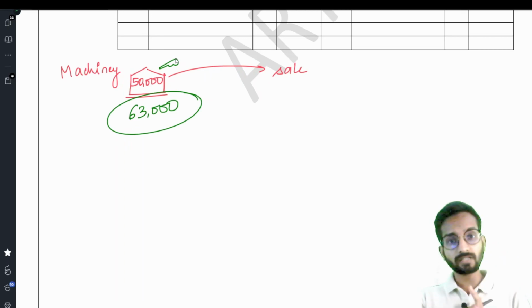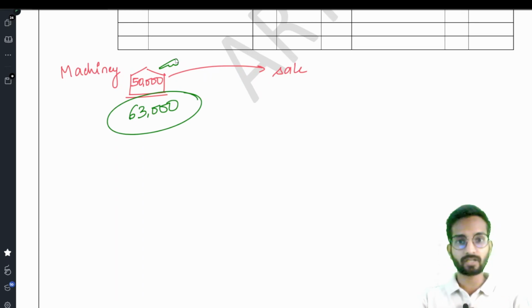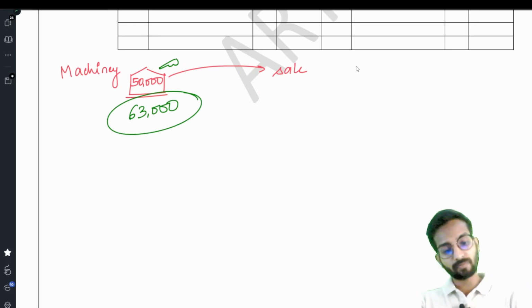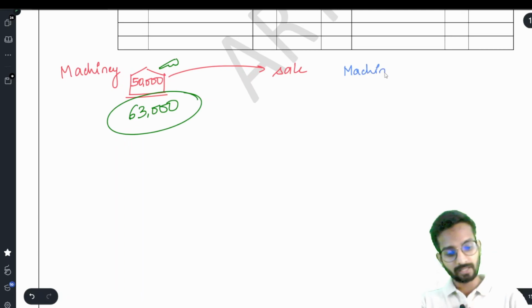So what is the first thing I do? I know that cost is 50,000 only, but market value is 63,000. It means the value of my machine has increased. If the value of my machine has increased, I go back to my office and pass a journal entry, and that is machinery account debit to profit and loss account.